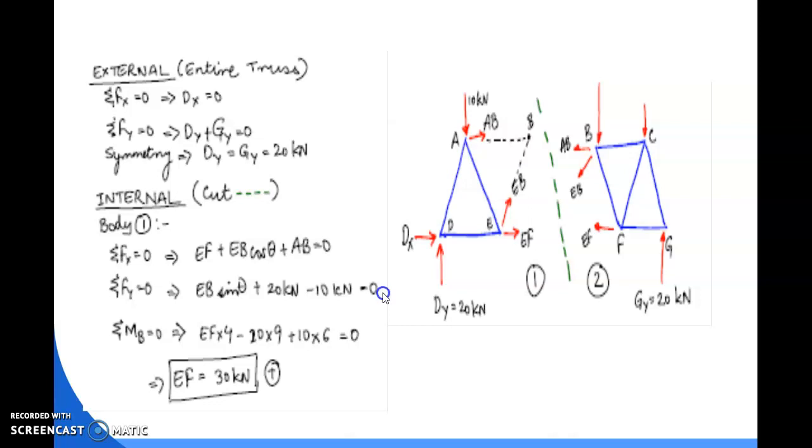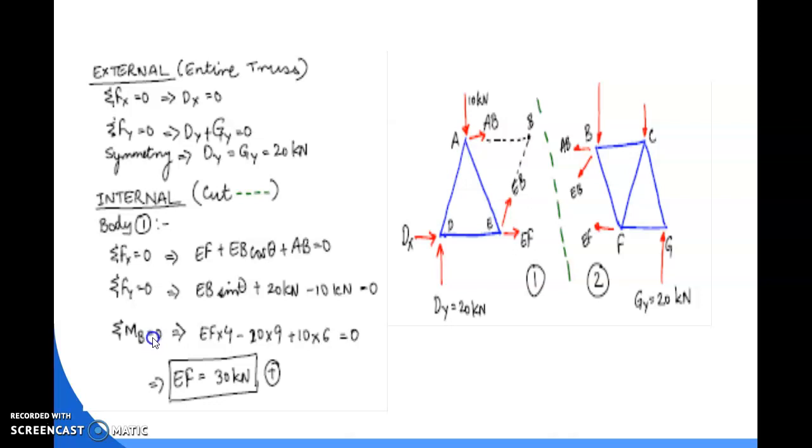Here also we got FEB, but the value of EF we need to know. So for that we move on to the moment calculation. Summation of moment is equal to 0. To calculate the moment, we need a point about which we can calculate the moment.